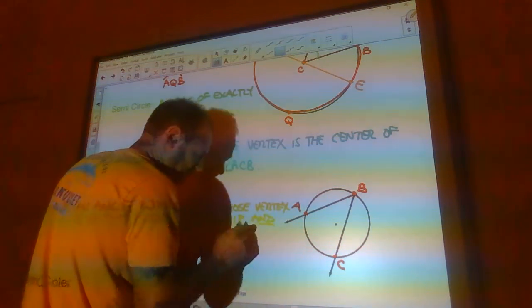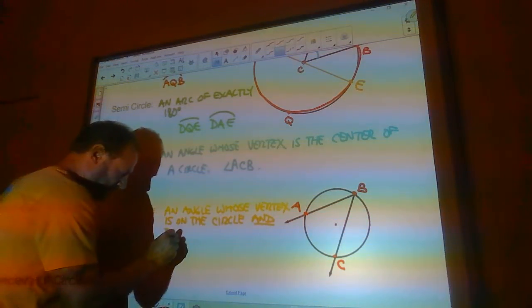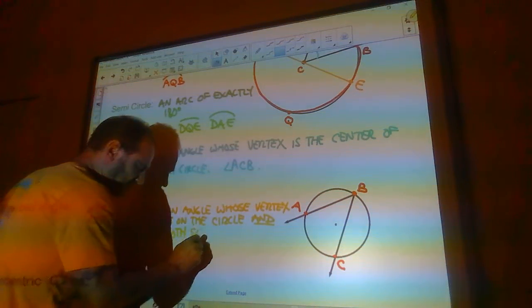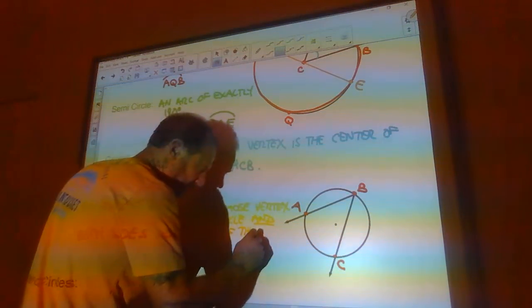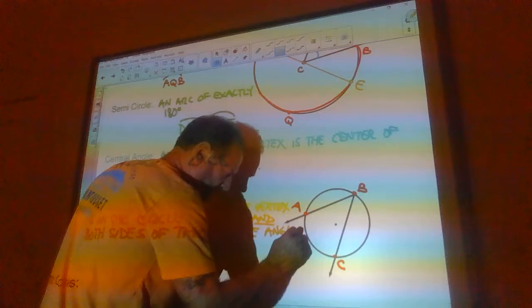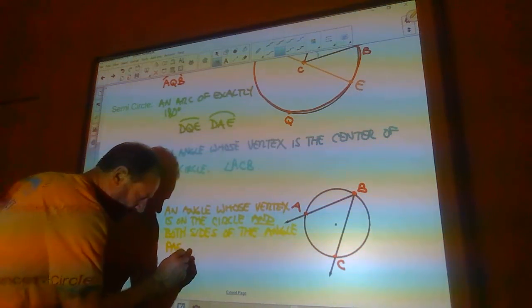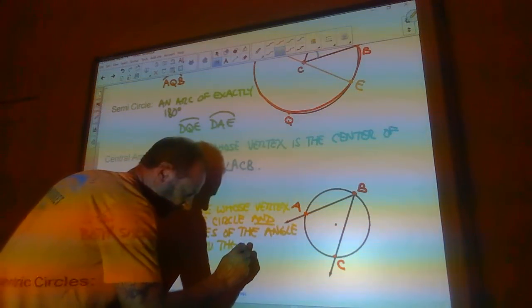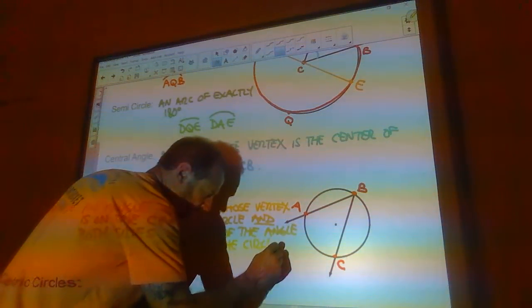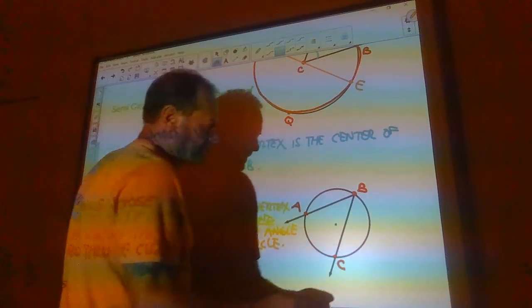And this also must be true. Both sides of the angle pass through the circle. Okay, so that eliminates things like this. You don't want this.